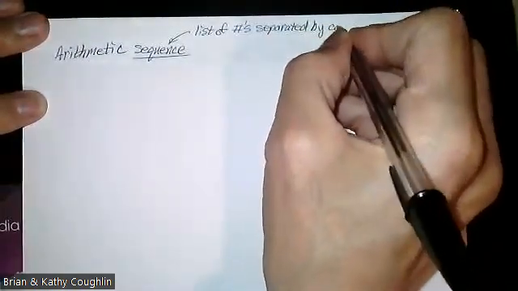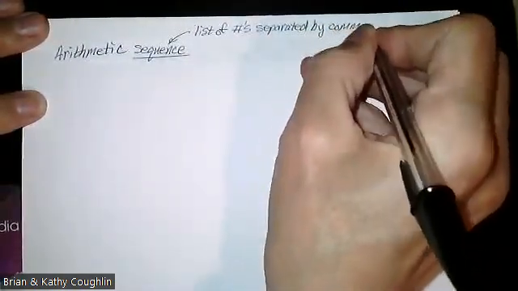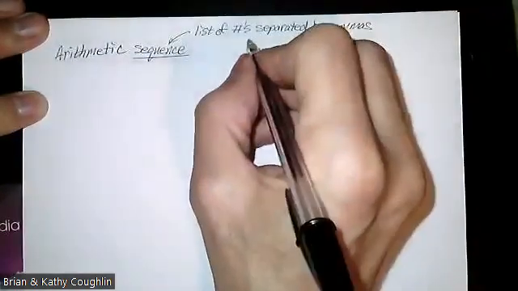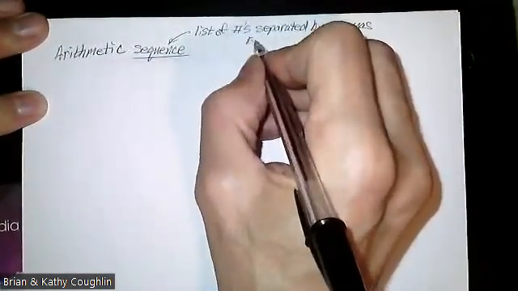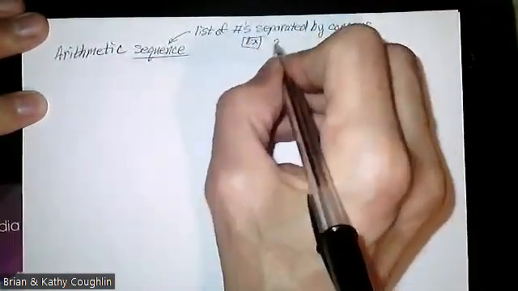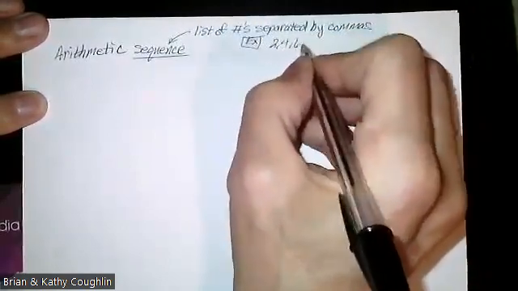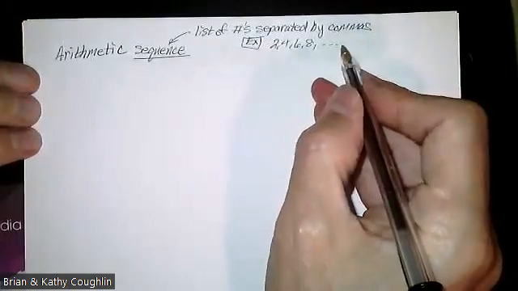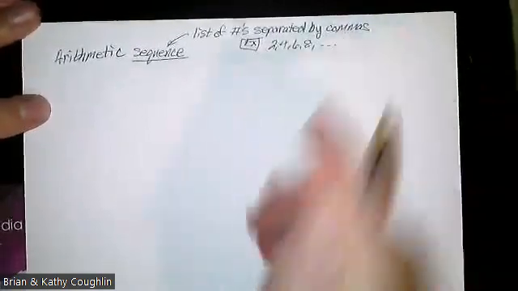So just a plain old list. For example, 2, 4, 6, 8, dot, dot, dot. This is just a list of any numbers at all separated by commas.